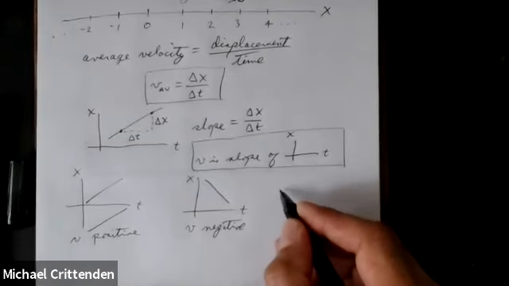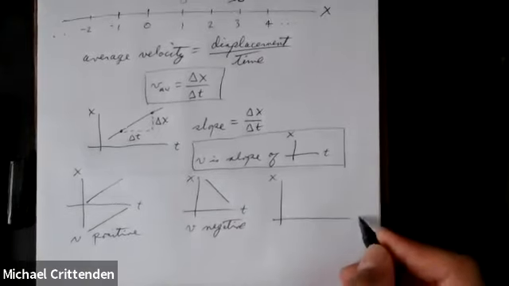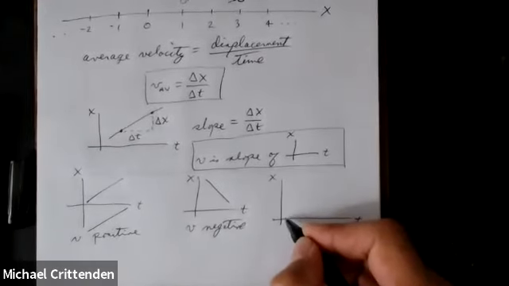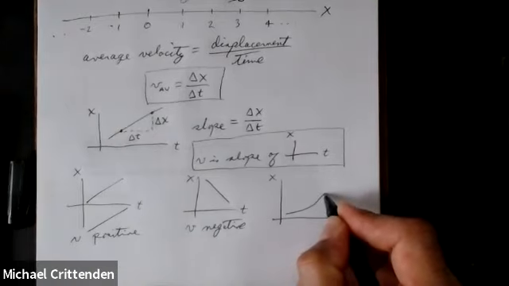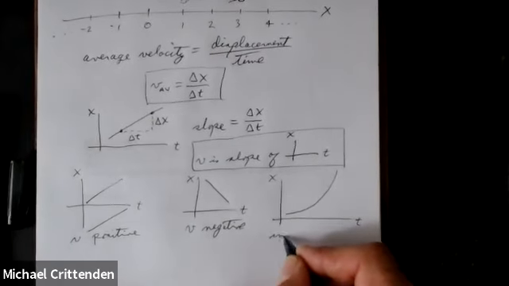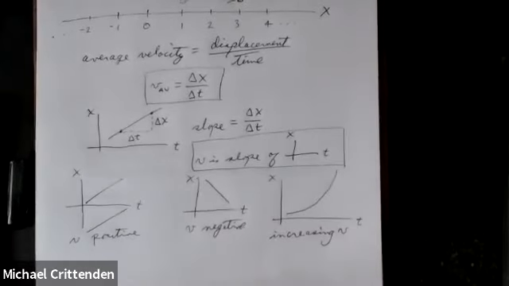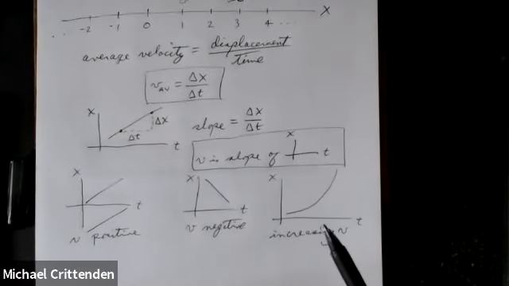One more graph. Again, position as a function of time. And what if you had one that looks kind of like that? I usually turn around and say to the class, what's going on here? And today when I do that, none of you seem to be saying anything. So I'll just go ahead and tell you, this would be an increasing velocity.